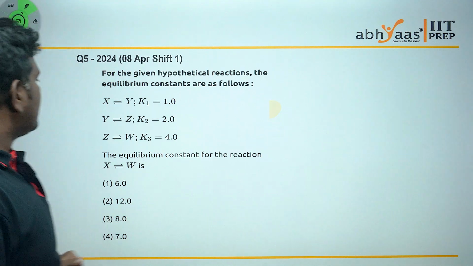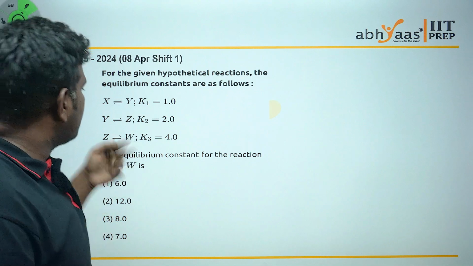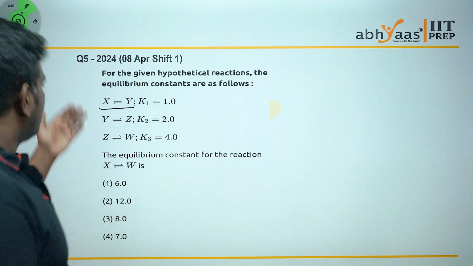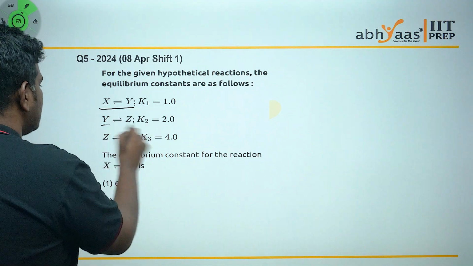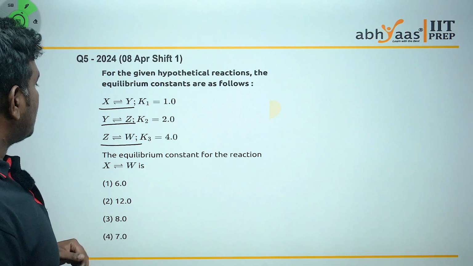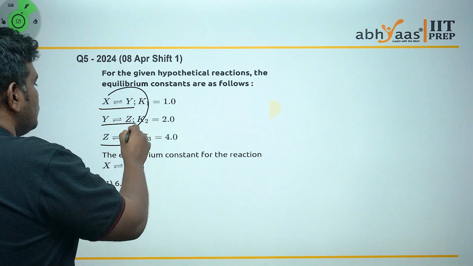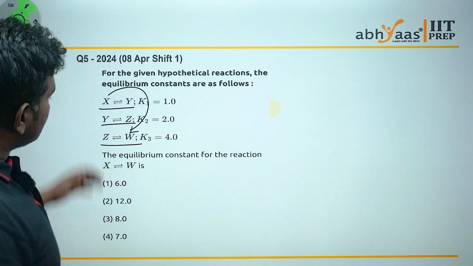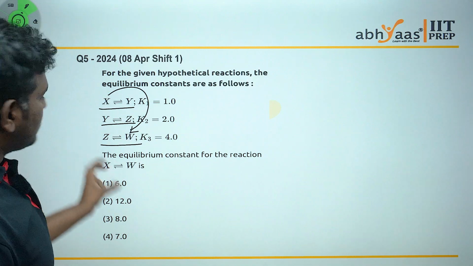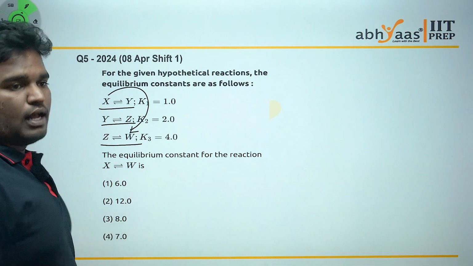Here you can see they have given certain reversible reactions and equilibrium constants. X giving Y, Y giving Z, Z giving W. They are asking us to find the equilibrium constant for the reaction X to W. You can understand that the addition of these three reactions gives you the last reaction.